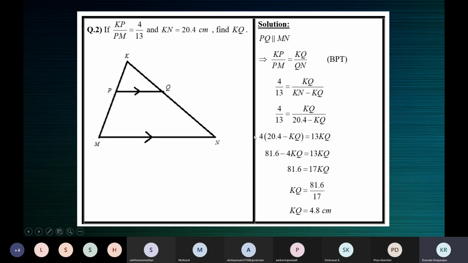Since PQ is parallel to MN, by BPT we have KP by PM is equal to KQ by QN. KP by PM is 4 by 13.